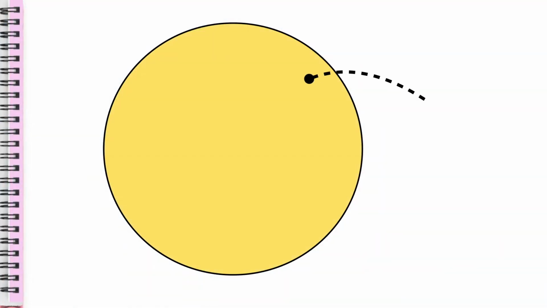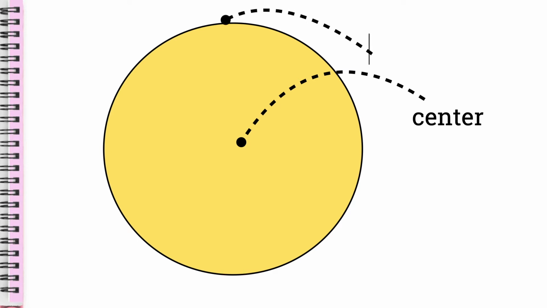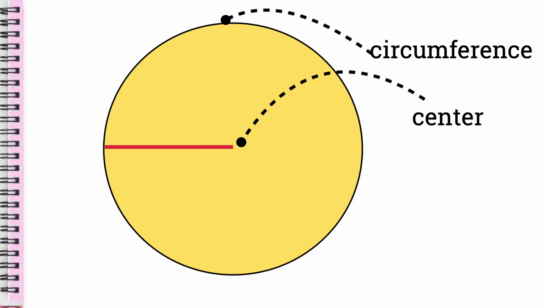This is a circle. A circle is a 2D shape. All the points of a circle are equidistant from the center. Equidistant means equal in distance. The circumference of a circle is the distance around the outside of the circle. In other shapes such as squares and rectangles, we call this distance the perimeter.